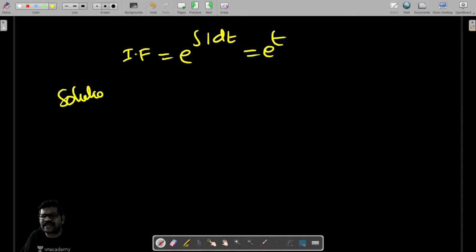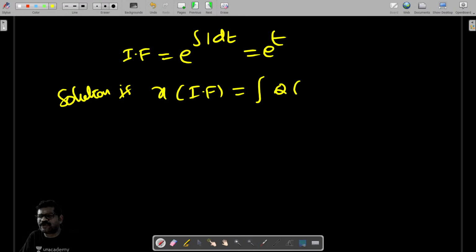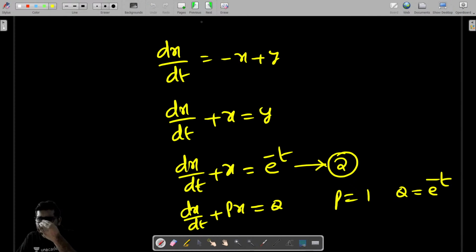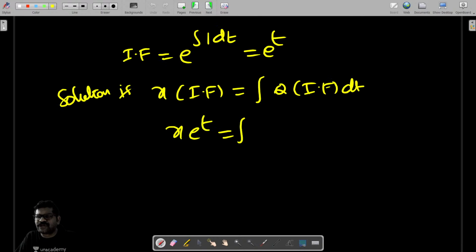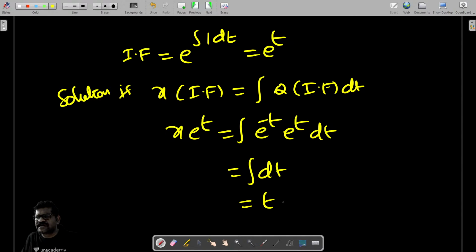The solution is x into IF equal to integral of q into IF into dt, so x into e power t equal to integral of q, what is q here? e power minus t into e power t dt, that is integral dt, that is t plus c.